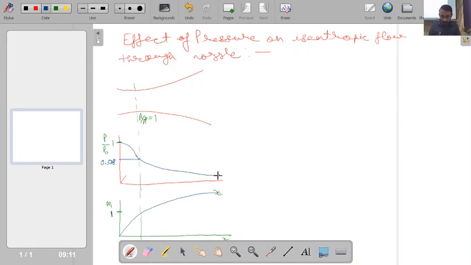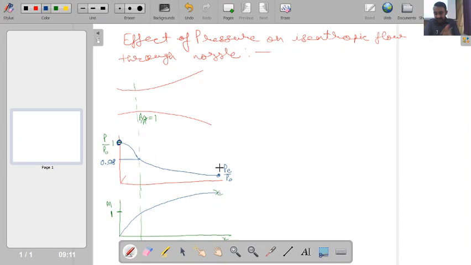Okay, so if I have to achieve this type of Mach number profile and this type of pressure profile, then if my inlet pressure ratio P by P naught is 1, at exit I have to maintain this pressure ratio of P exit by P naught, and this pressure has to be exactly equal to this pressure. If it is deviating from this, then we will be finding some different situation.